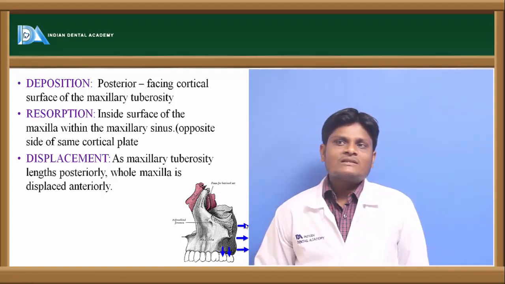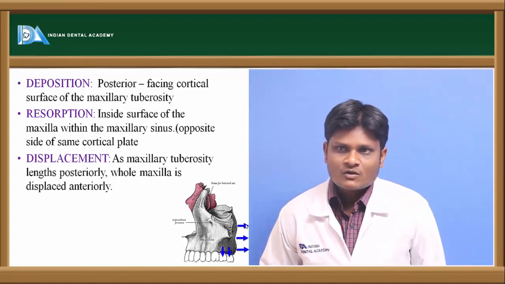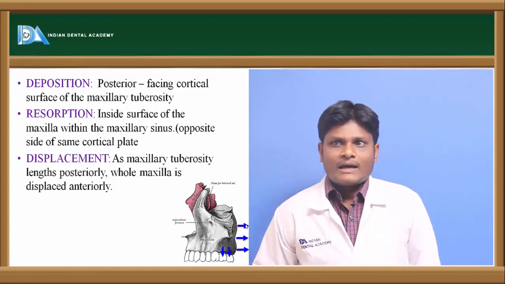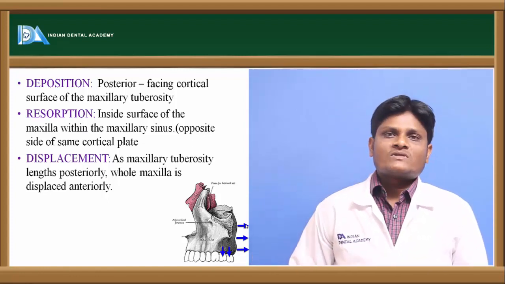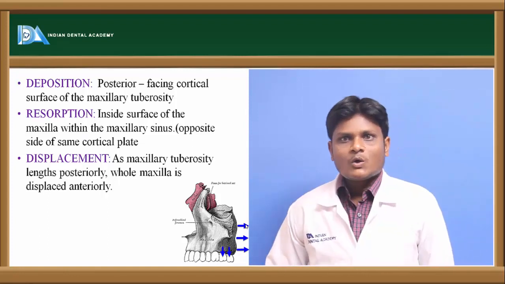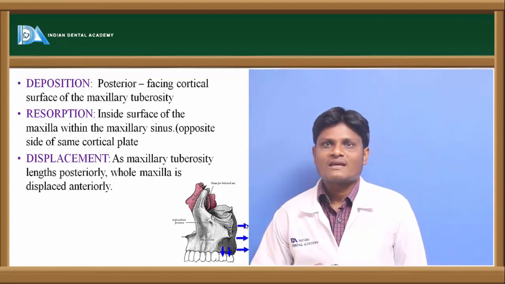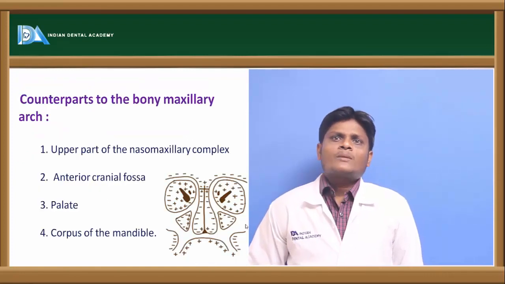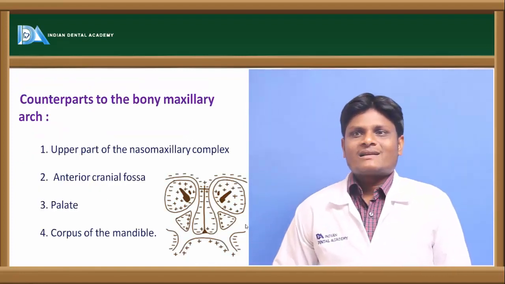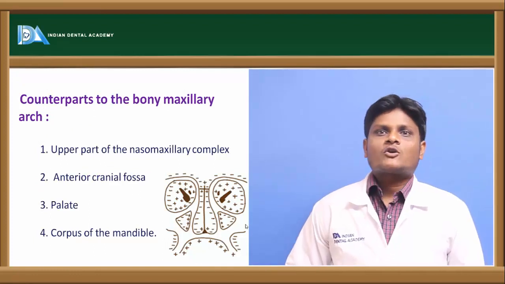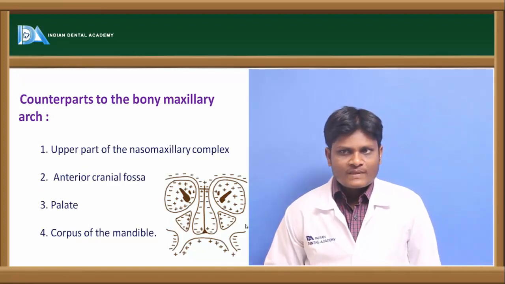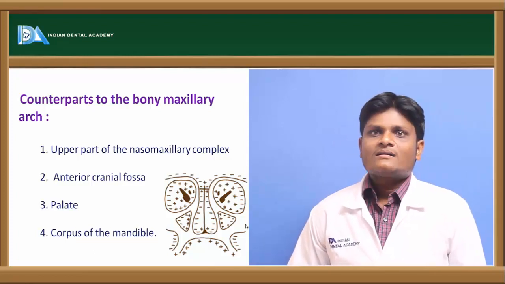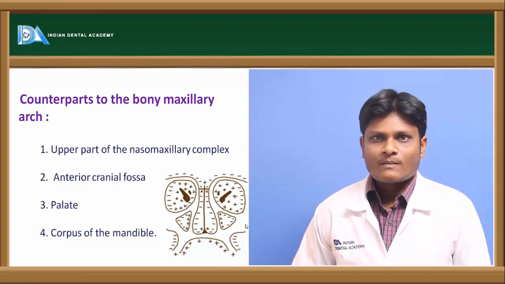Resorption occurs within the maxillary sinus opposite the same cortical plate, and as the maxillary tuberosity lengthens posteriorly, the whole maxilla is displaced anteriorly. Now, the counterparts of the bony maxillary arch are the upper part of the nasomaxillary complex, the anterior cranial fossa, the palate, and the corpus of the mandible.